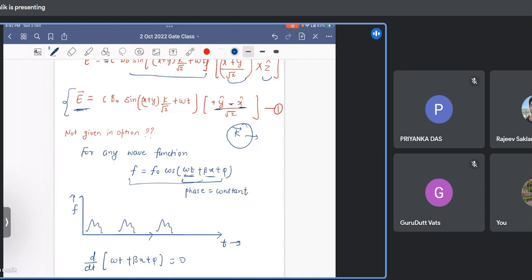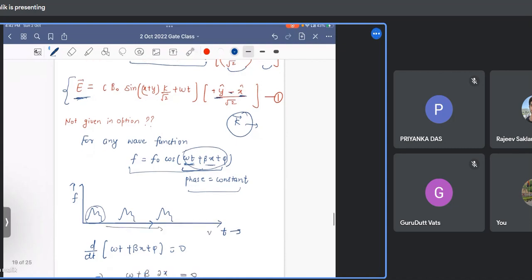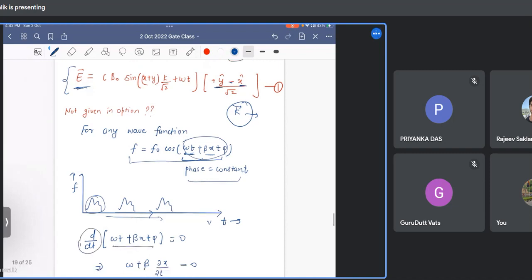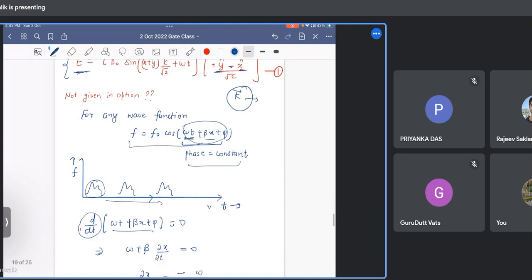In case of propagation, the term inside the bracket has to be constant. This term represents the phase, and as the wave moves, this is the phase term that is moving. So this term has to be constant. That means d by dt of this term will not change.